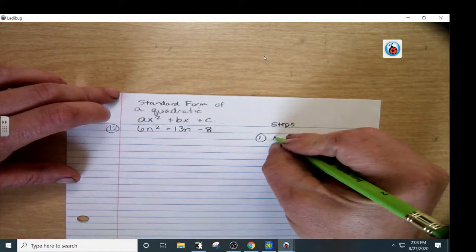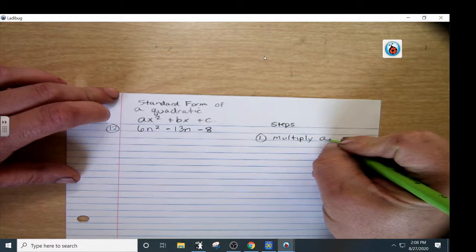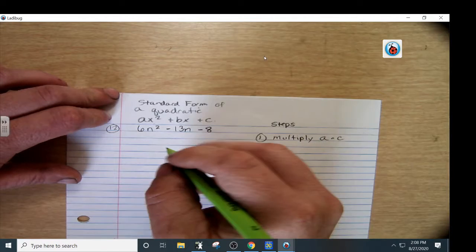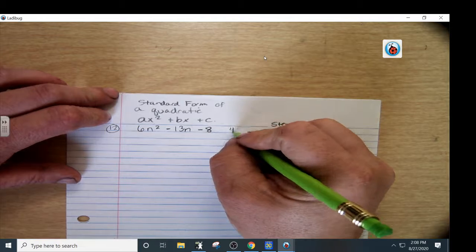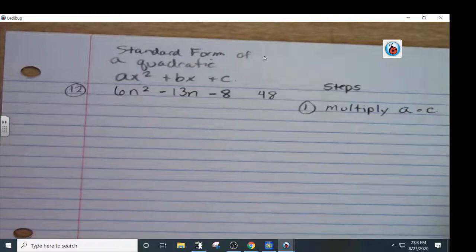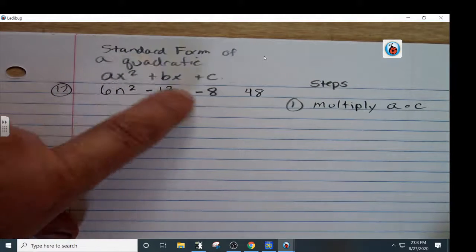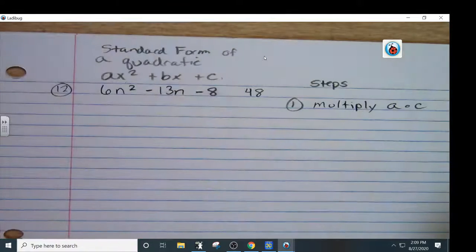So we're going to multiply A times C, and in this case, that's going to give us 48. Don't really worry about the sign because we'll get that when we start. Let me zoom in just a little bit. I know that should be a negative 48, but just ignore the sign for right now.